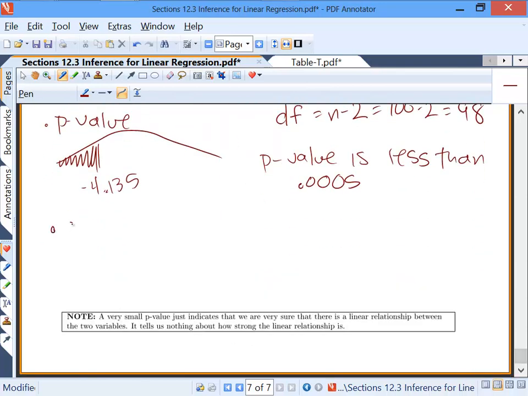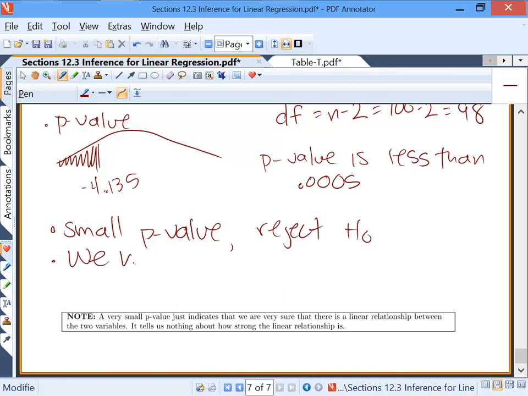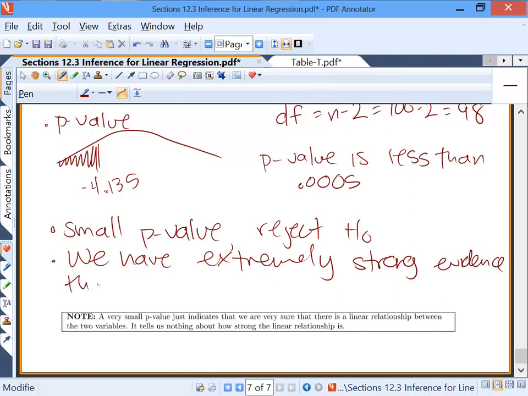Now this is a small p-value, so we need to reject the null hypothesis, which means that we have extremely strong evidence that there is a negative linear relationship.